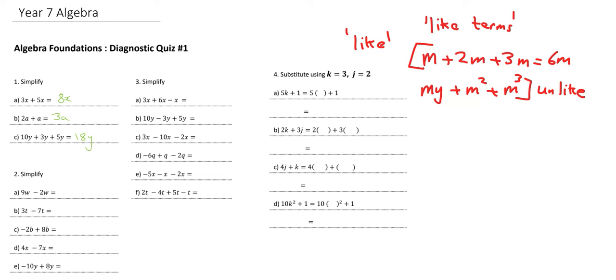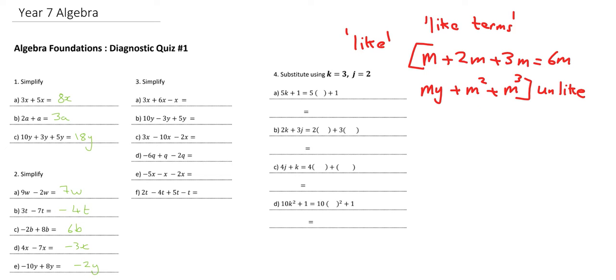Okay, hopefully you've done that now. So we've got 7w there. Here we've got negative 4. Here we have 6b. Here we have negative 3x. Here we have negative 2y.